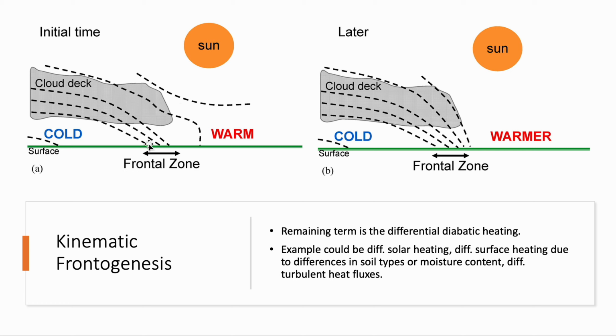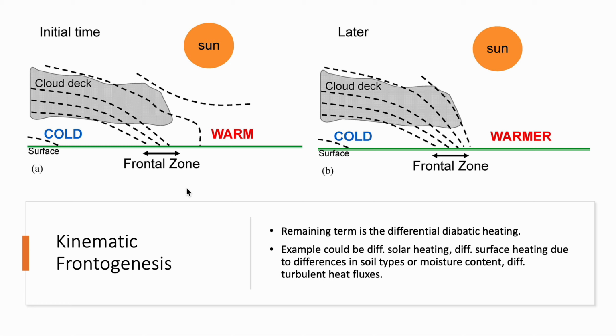And so if you had a temperature difference, if both regions were to warm at the same pace, then nothing would happen. But if the region to the east is warming and the region to the west is remaining the same, then the front is going to intensify. The temperature gradient is going to intensify. And this is but one example, and there can be many others.